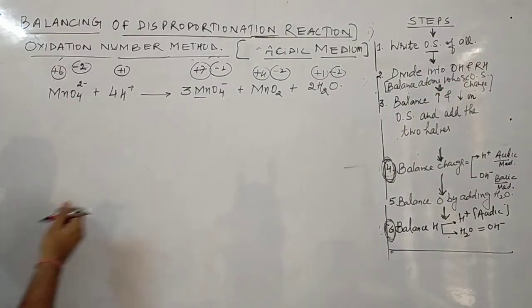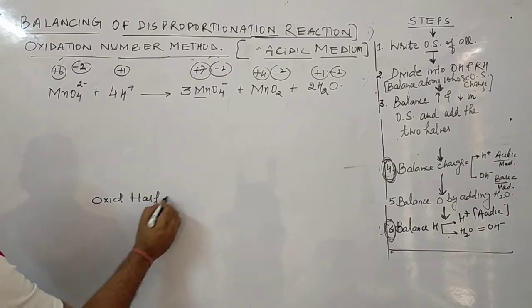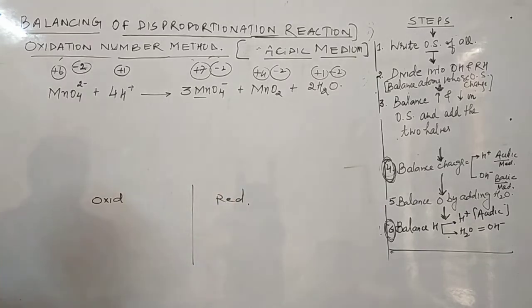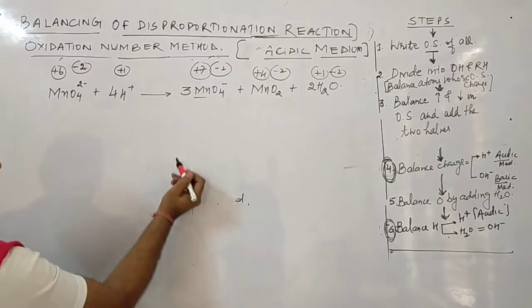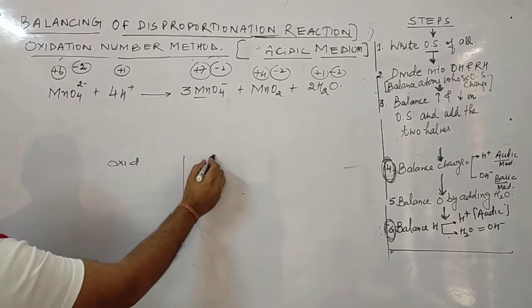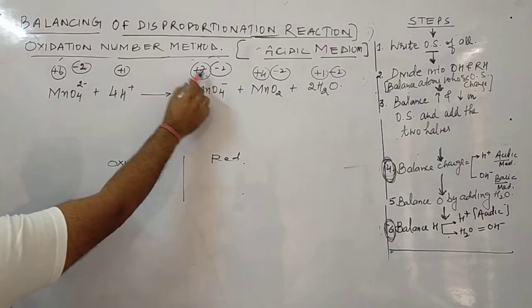So beta, I write oxidation and reduction. Oxidation and reduction. So oxidation is increase in oxidation state. So plus 6 से बेटा plus 7.